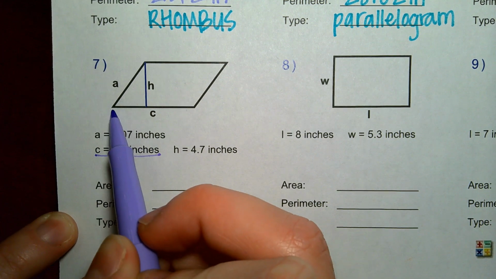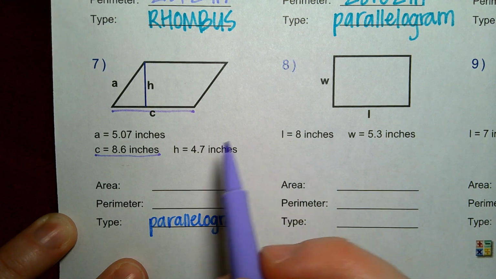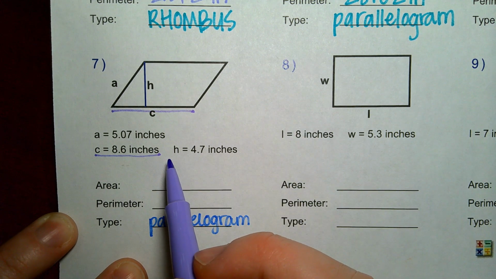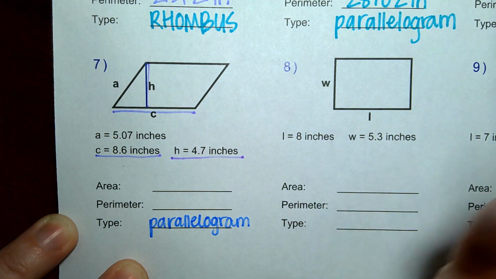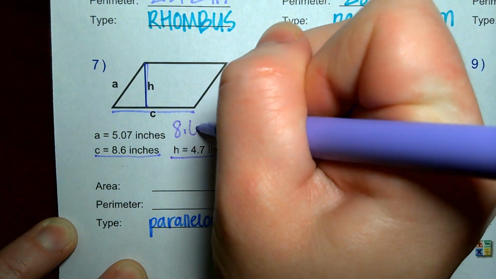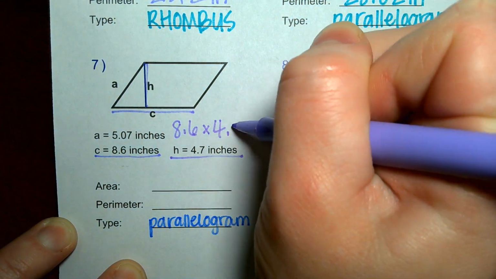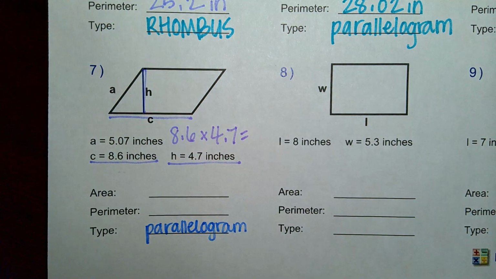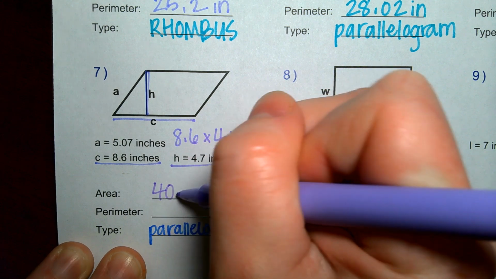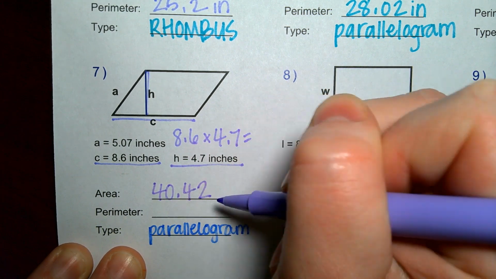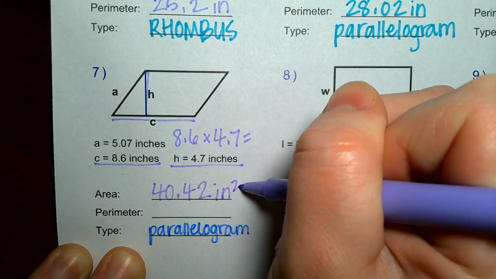C. Good. C times 4.7, the height. So 8.6 times 4.7 is 40.42. Good. 40.42 inches squared.